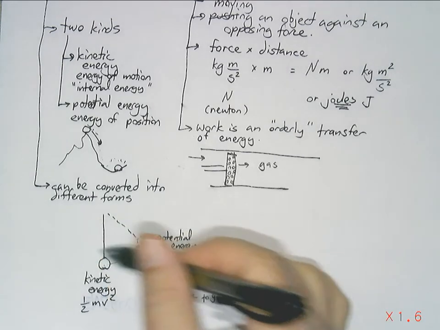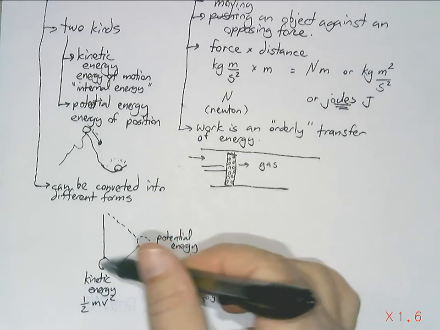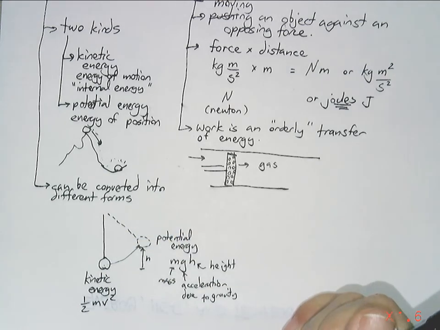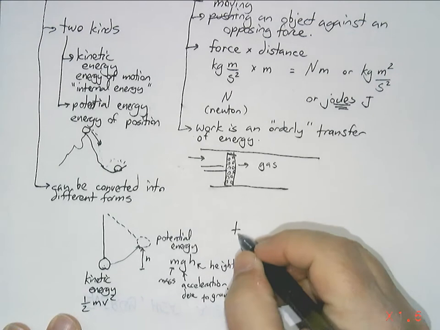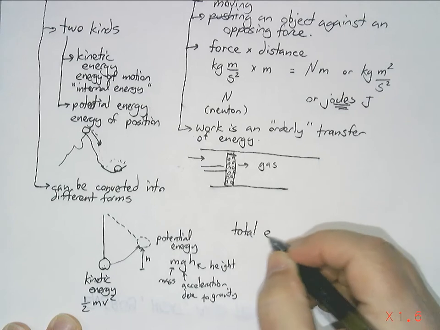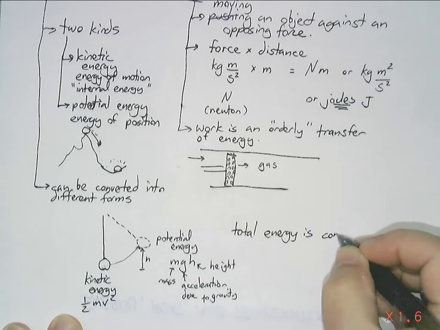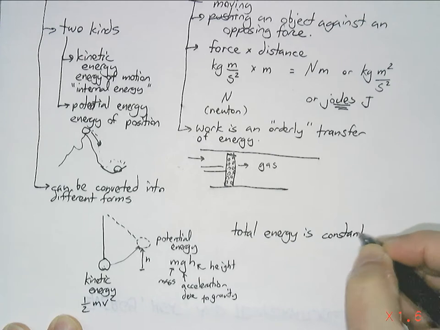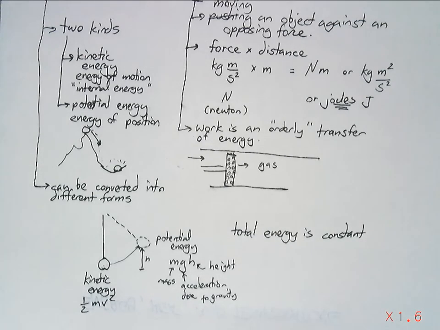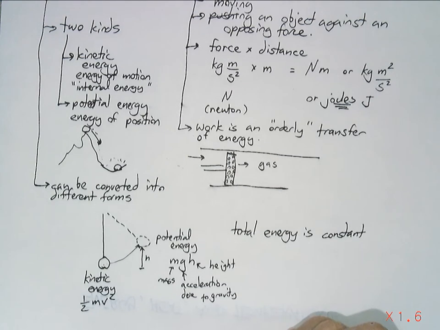So as a pendulum swings back and forth, it is converting potential energy and kinetic energy into each other. But the total energy is constant. If you added the total energy, the kinetic energy plus the potential energy at any given point as the pendulum is swinging, you get the same number.